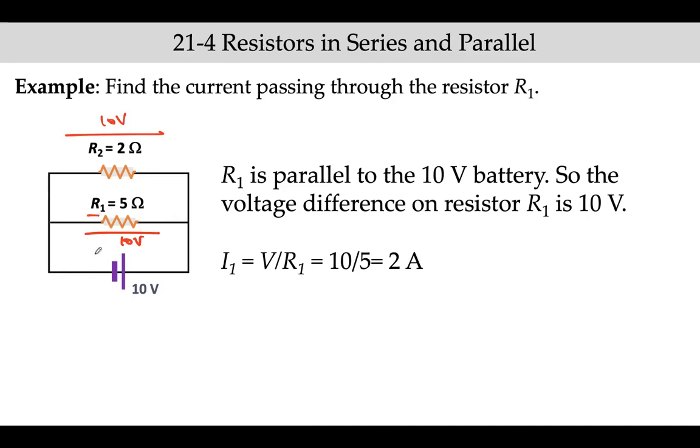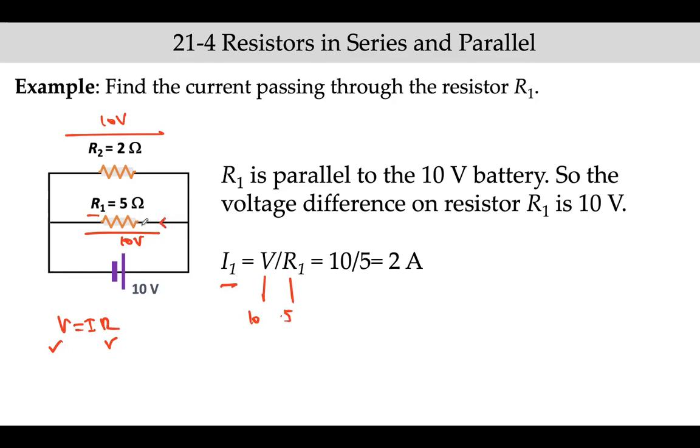You know the resistance, you know the voltage. Now use V equals IR, and you can calculate I. So I1 will be equal to the voltage, 10 volts, divided by 5 ohms, and you will find it's 2 amperes.